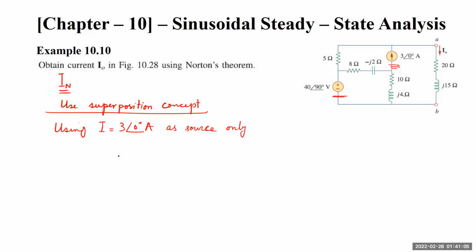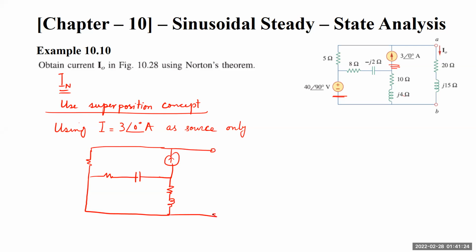Using only this as the source, we will be left with something like this, and the voltage source is short circuited. We have this, and these are our two terminals, A and B. Remember, this is 5, this is 8, this is minus J2, this is 10, this is J4.